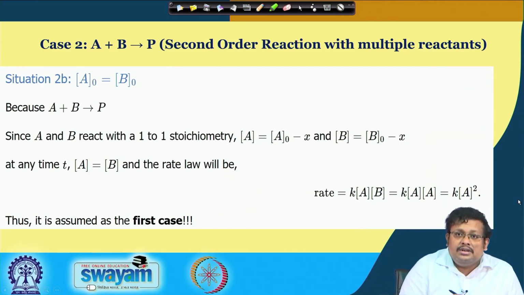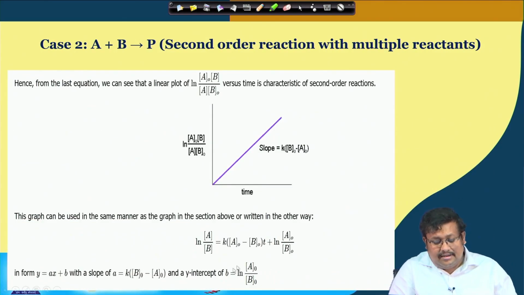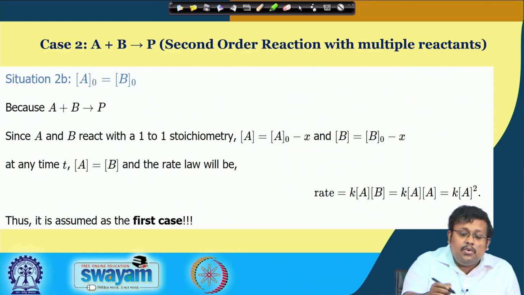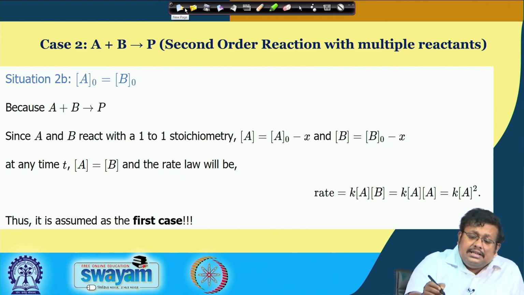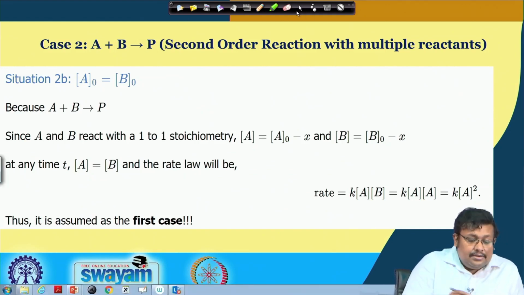This is one solution, and we have seen how this can be represented as a straight line. Another solution is situation 2a, where initial A0 equals initial B0. So, basically A plus B gives P, since A and B react with 1:1 stoichiometry.